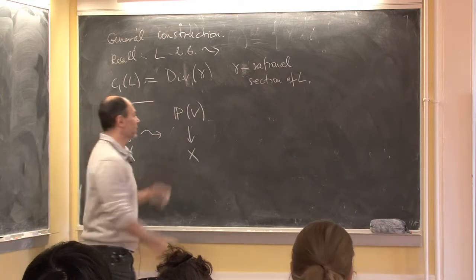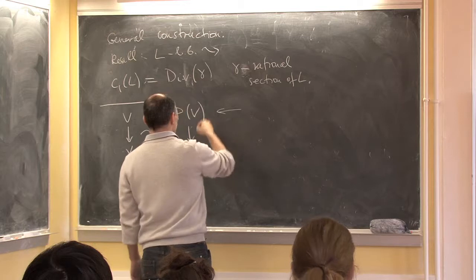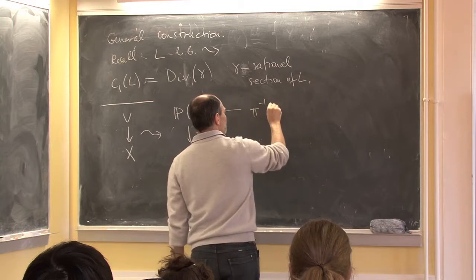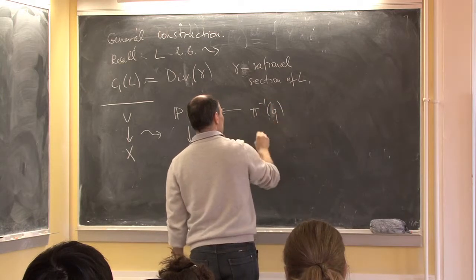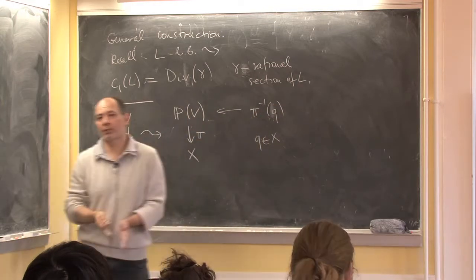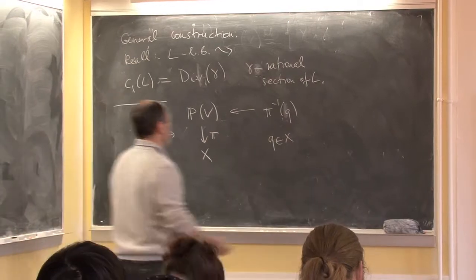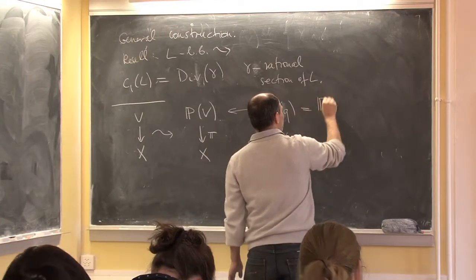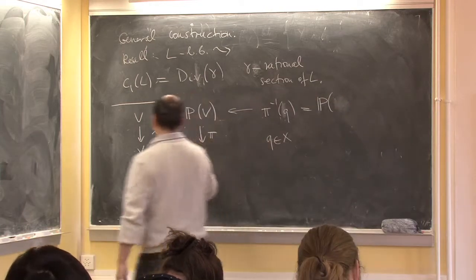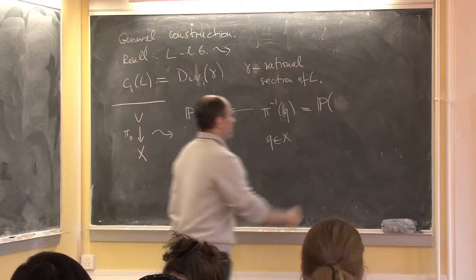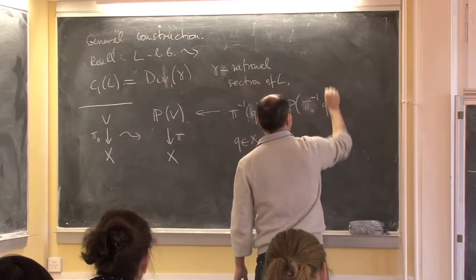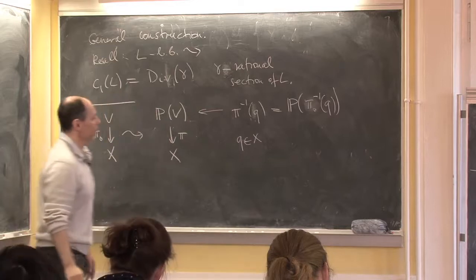I mean, let's call this map pi. So pi inverse of a point q, for q in X, if I take the fiber here, this will be simply the projectivization of that vector space that we have. It's just equal to the projectivization of V_q, let's call this pi_0, of pi_0 inverse q. Right.